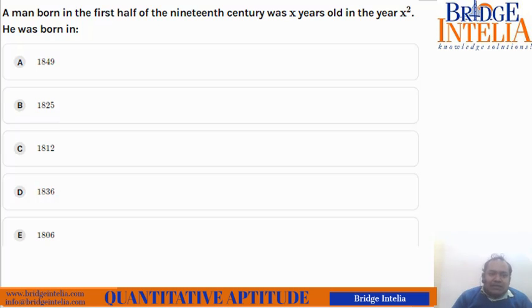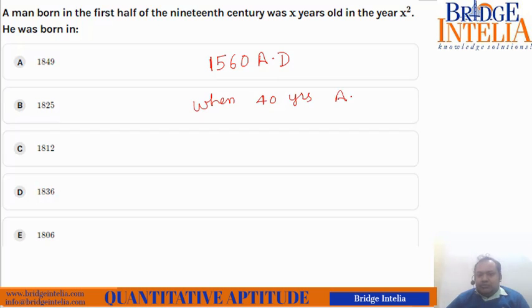Now, what is the real essence of this question, please try to understand. Let's suppose a person was born in 1560 AD. Now consider when he was 40 years old. So when this person was 40 years old, the year then would have been 1600 AD.